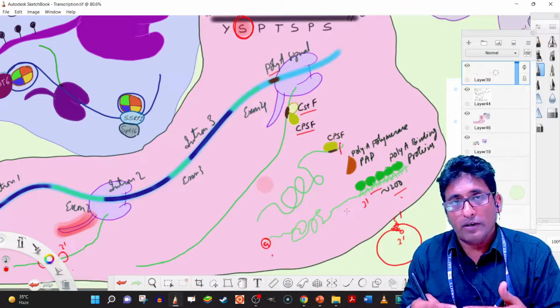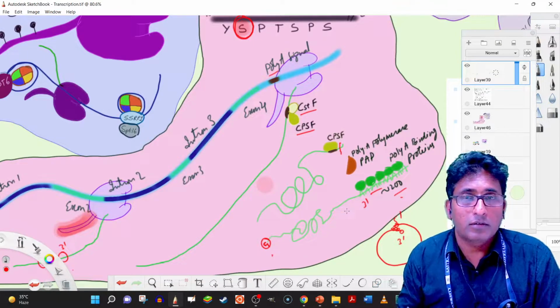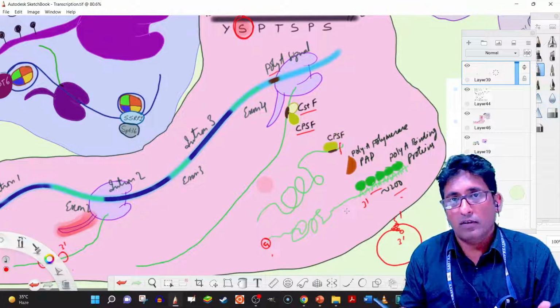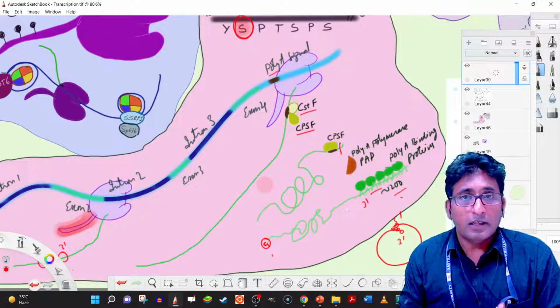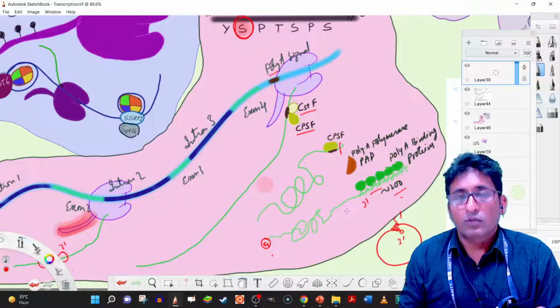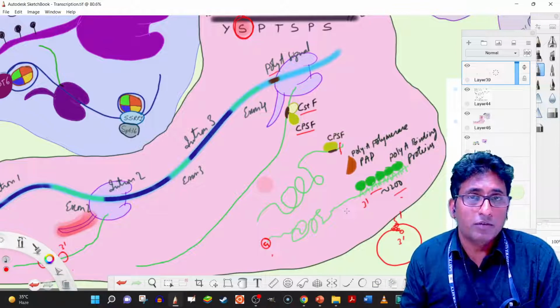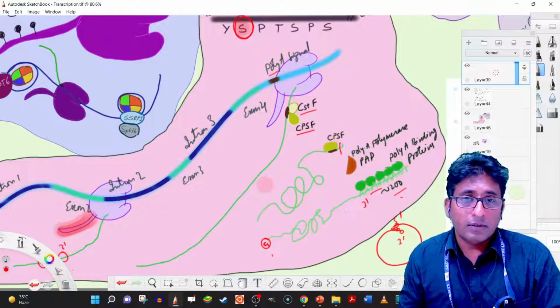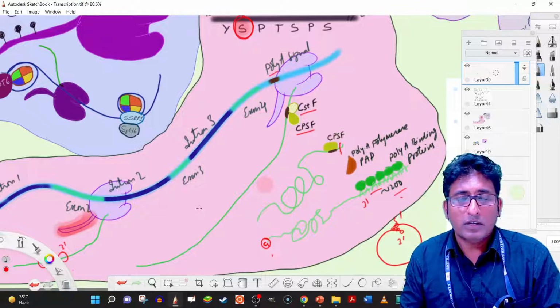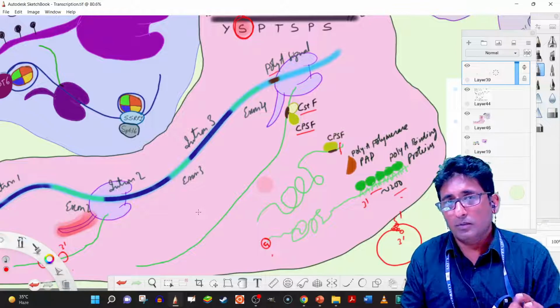Splicing means joining, so we should talk about splicing as joining of exons rather than cutting away of introns. Cutting away of introns doesn't imply joining of exons, but joining of exons implies elimination of introns. So these are the three important differences: capping, intron removal, and the poly A tail.